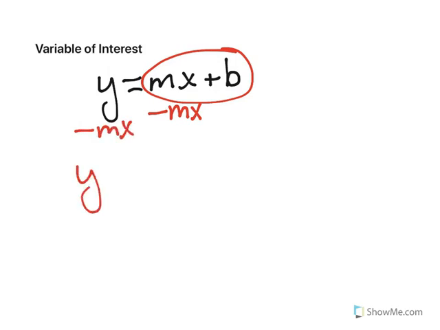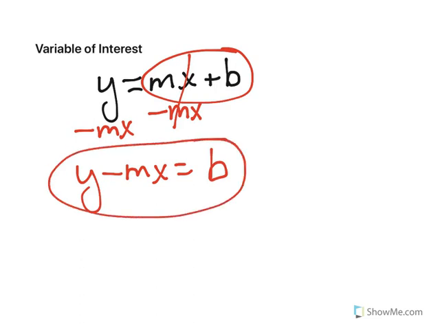So you end up with y minus mx is equal to, those will cancel out, so it's 0 plus b, which is just b. So now we've done it. B is equal to y minus mx. What if you wanted to solve for x?